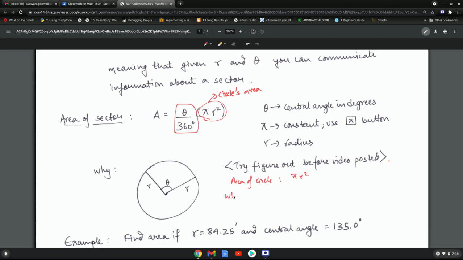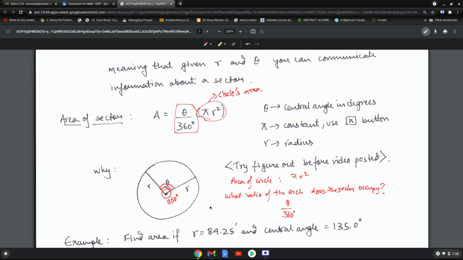The area of the circle is pi r squared. Now, what ratio of the circle does the sector occupy? If you look at it, a full circle is 360 degrees and the sector occupies exactly theta out of 360. And this ratio is theta over 360.